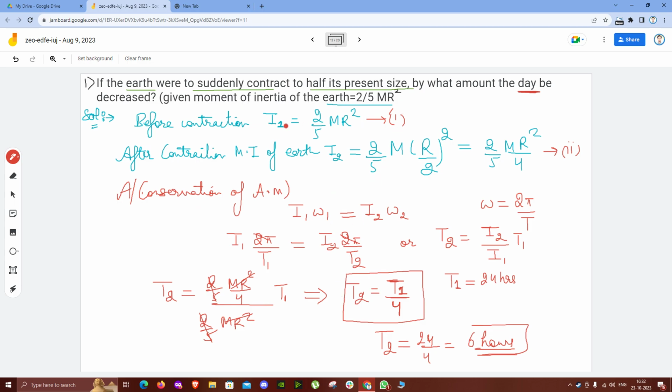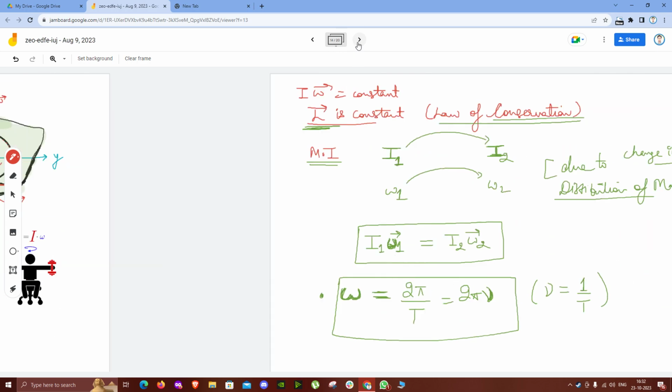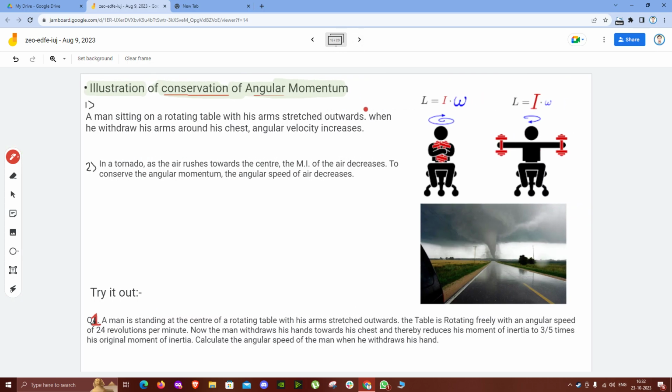This was one of the examples that I gave, and after that, let's understand how the conservation of angular momentum is used in real life, and how we can understand various natural phenomena which can be explained using the conservation of angular momentum.